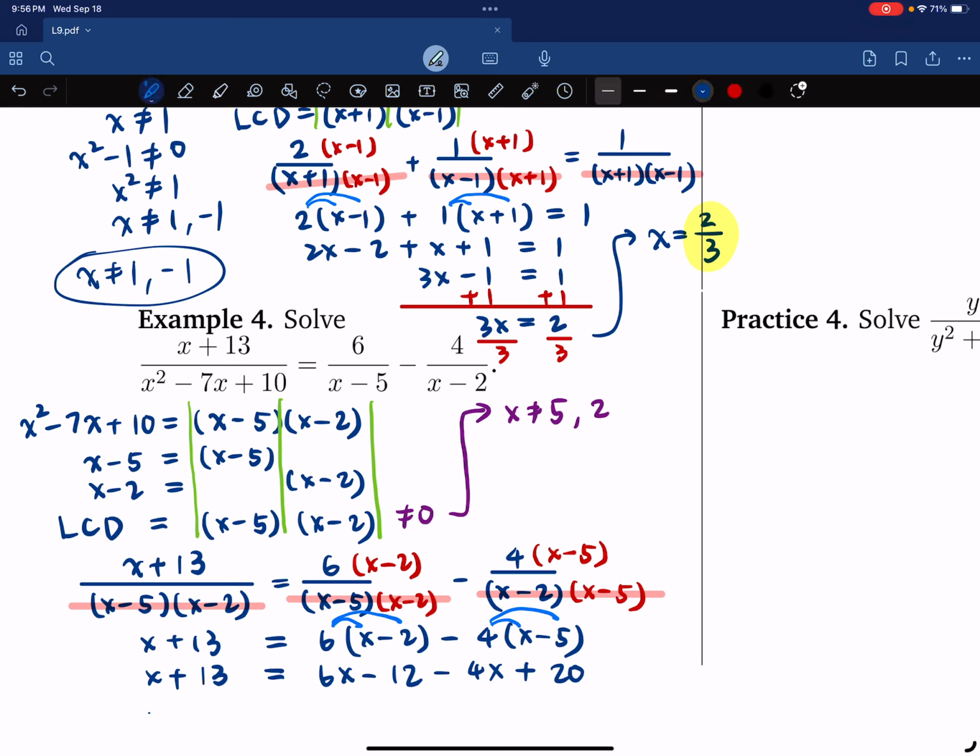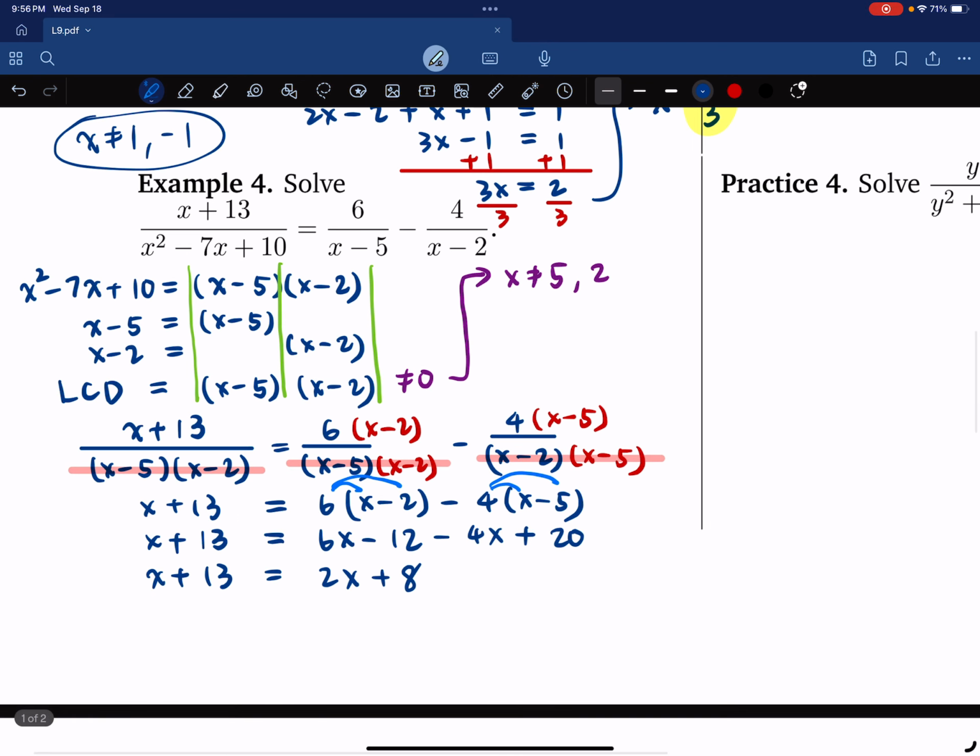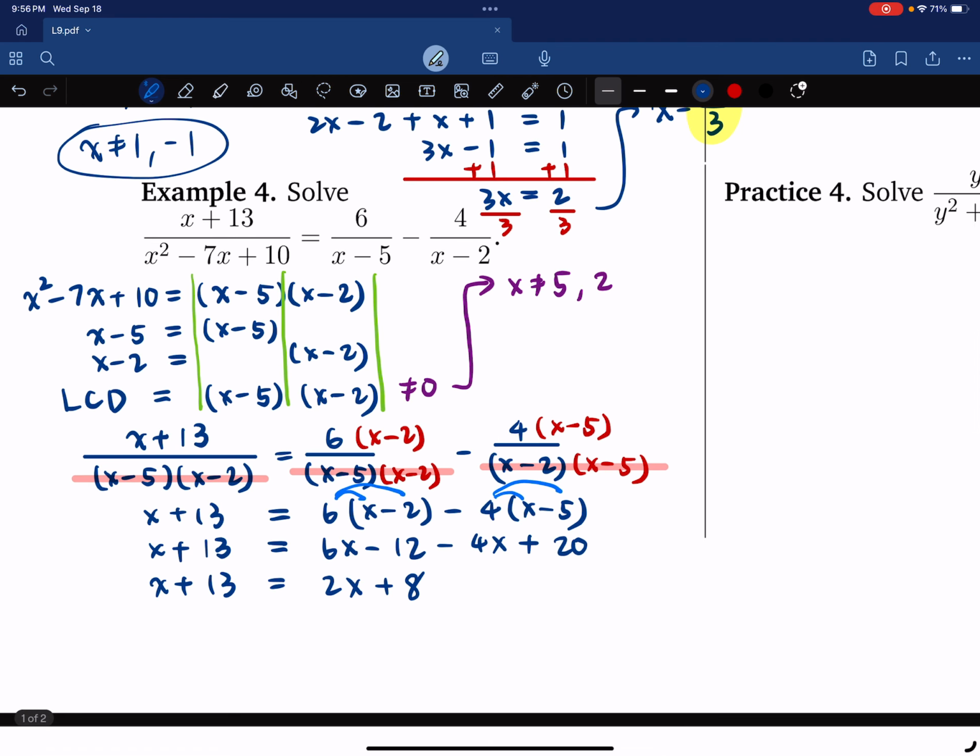Okay, on the left-hand side, we can't do anything. On the right-hand side, we have like terms that we can combine. So 6x minus 4x, that's 2x. Negative 12 plus 20, that's positive 8. And this is a very simple equation. We just simply need to isolate x.